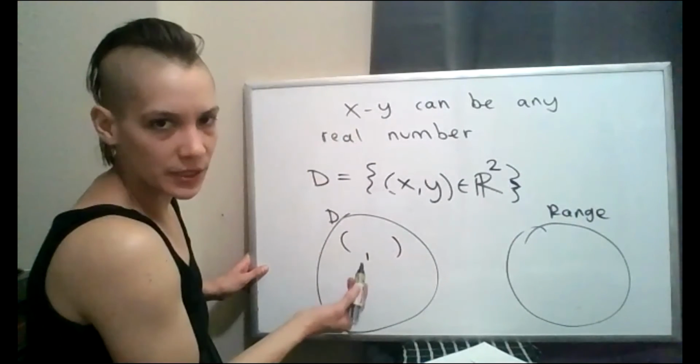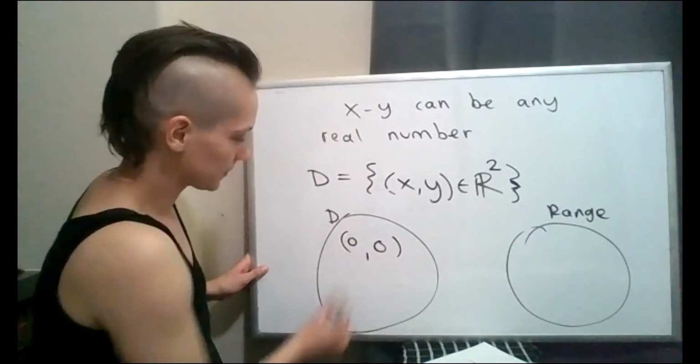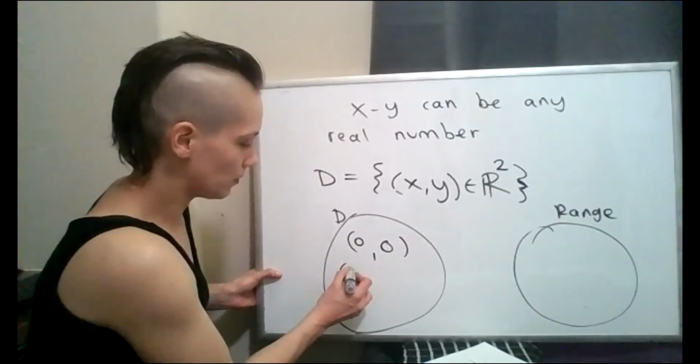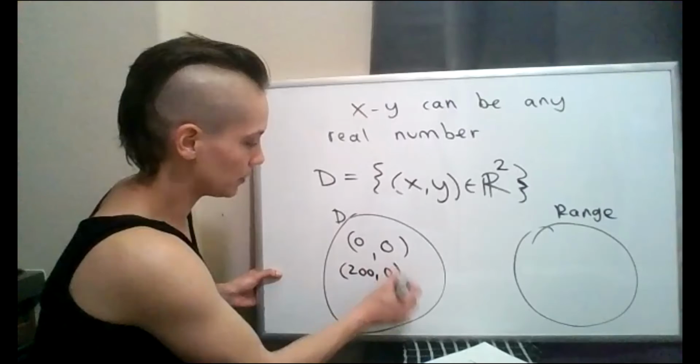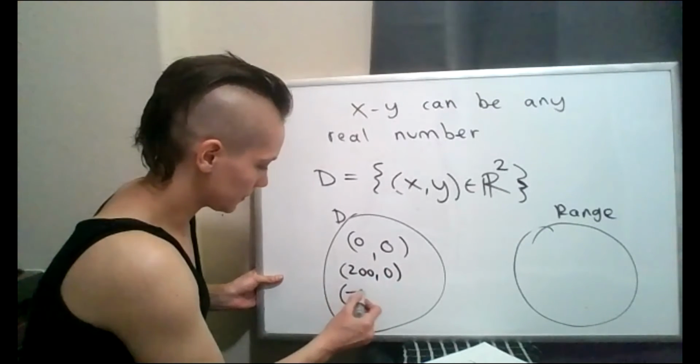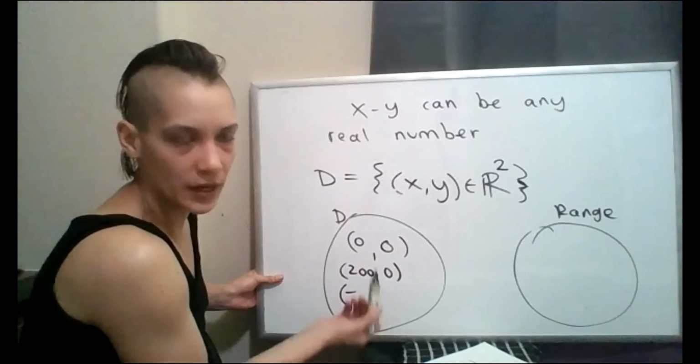Let's definitely try 0, 0. Let's try a large value for x, like 200, comma 0. Let's try some negative number for x, negative 100, 0.